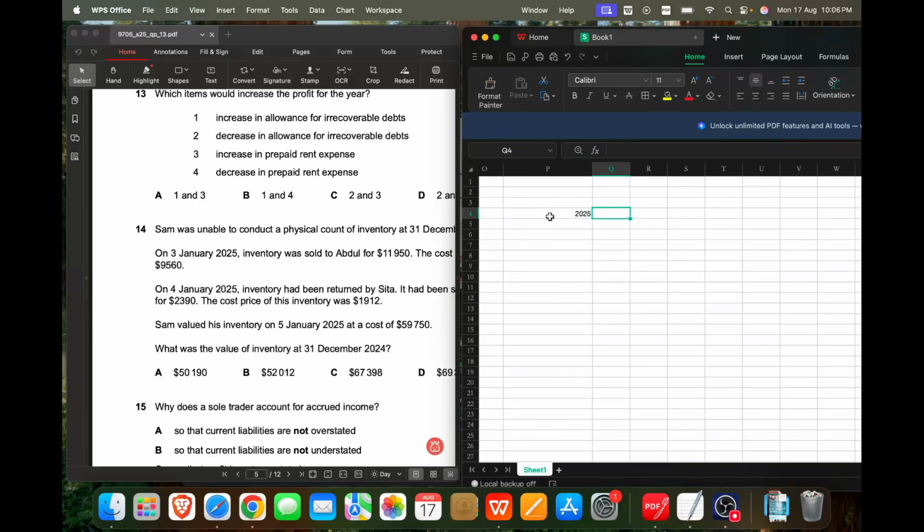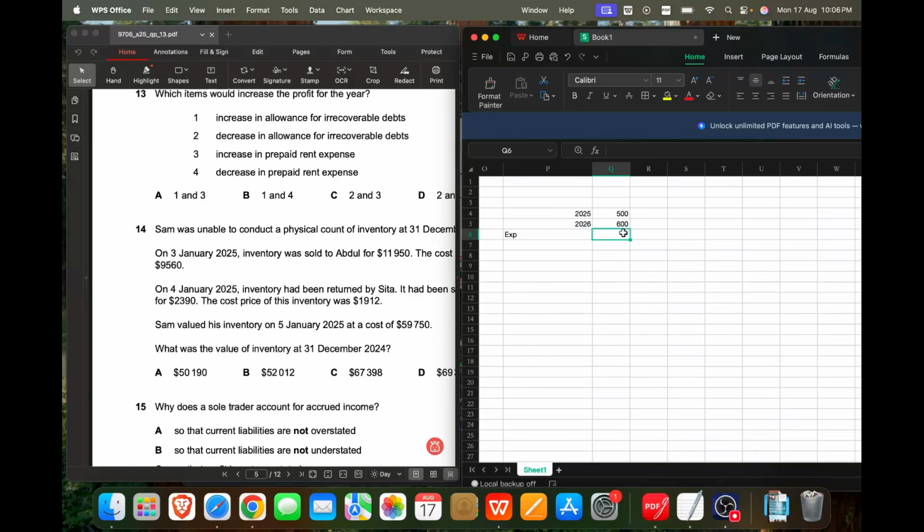Allowance for irrecoverable debt is 500, and this is 2026. Allowance for irrecoverable debt is 600. Now this allowance is increasing by 100, so this would be considered as my expense. 100 more should be added to my allowance for irrecoverable debt.